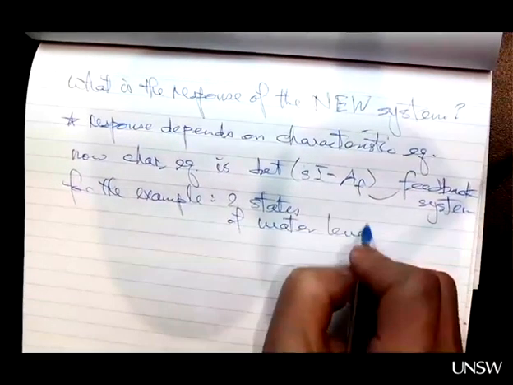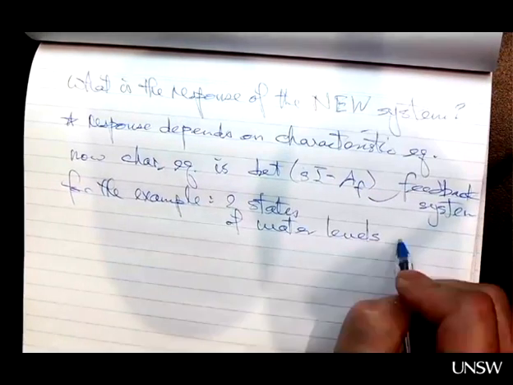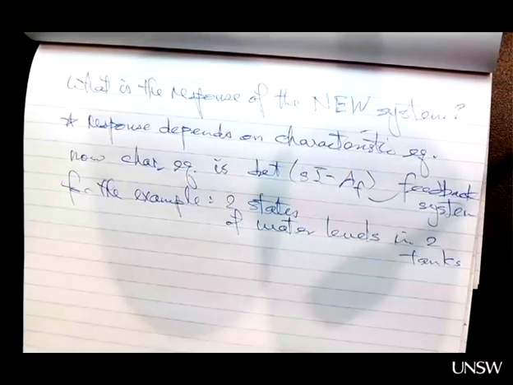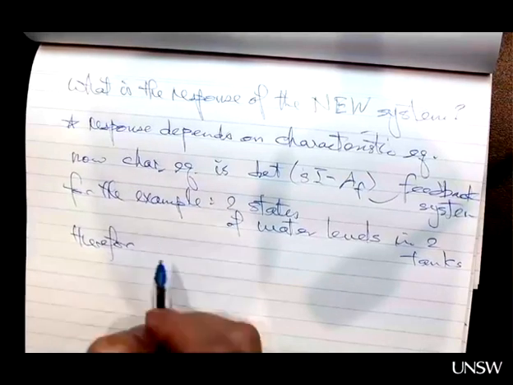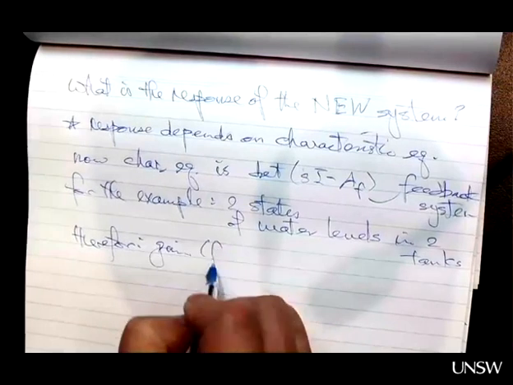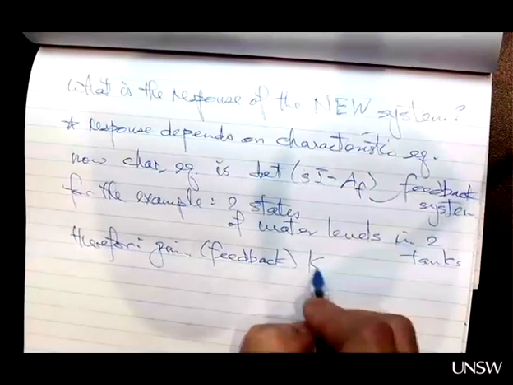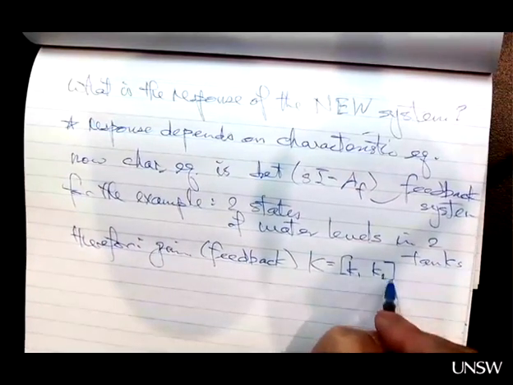Okay, we have two water levels in two tanks. Therefore, the gain of the feedback K should contain two elements, K1 and K2.